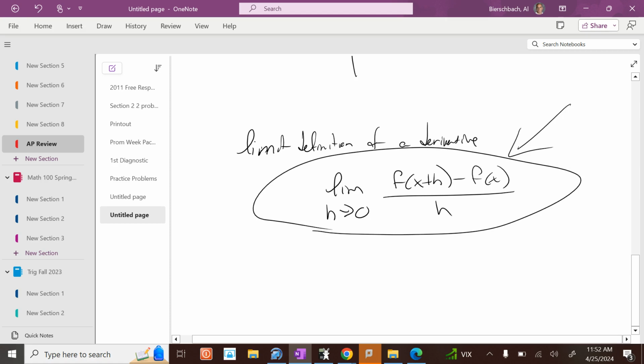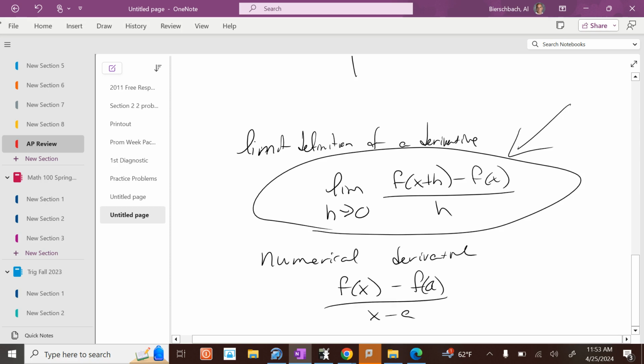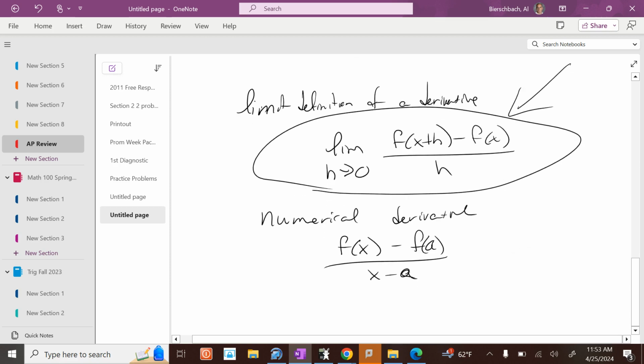Okay, now that's different than the numerical derivative, which is just f of x minus f of a over x minus a, which is just the slope formula. Okay, y2 minus y1 over x2 minus x1. That's why derivatives and slope are synonymous with each other. Okay, and derivatives give us the slope. All right.